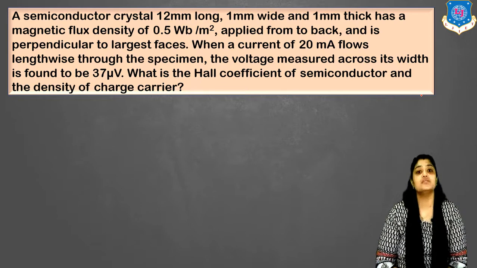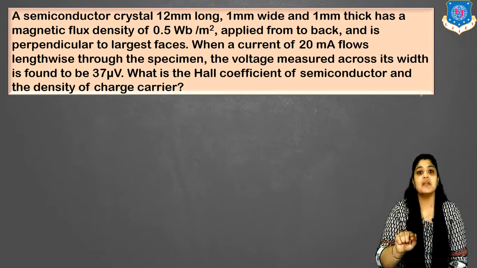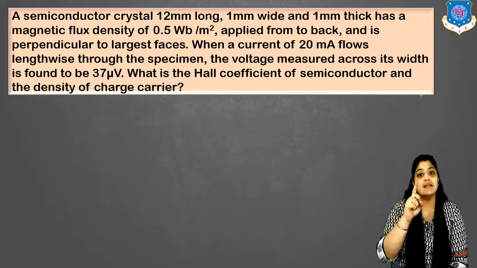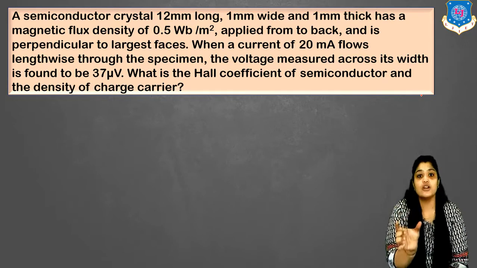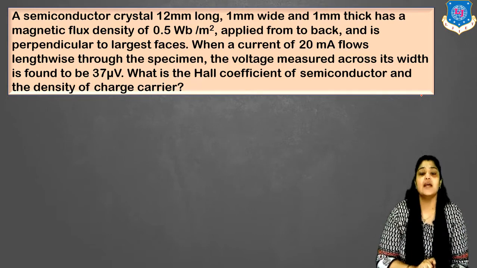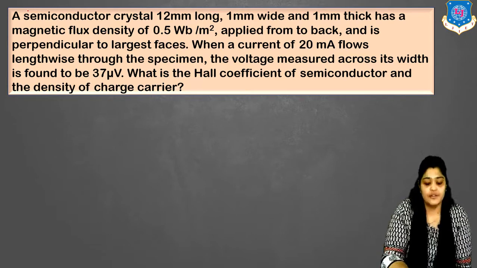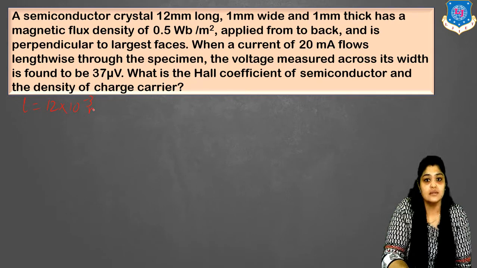This is a topic related to the Hall effect, wherein current flows through the semiconductor, a perpendicular magnetic field is applied, and the voltage across the width is measured. That is the Hall voltage. We have to find RH. First, let me write down the data. Length L is 12 into 10 raised to minus 3 meters.